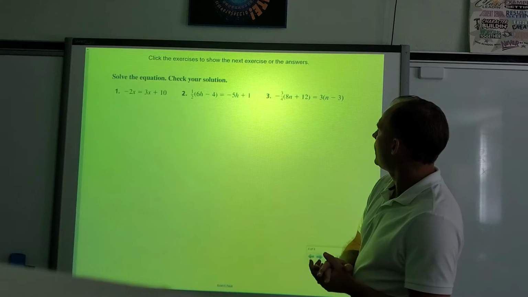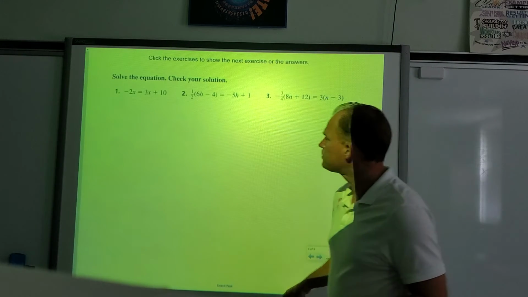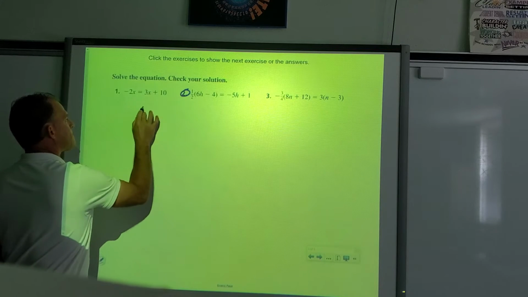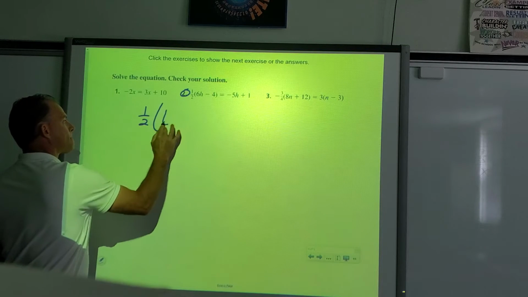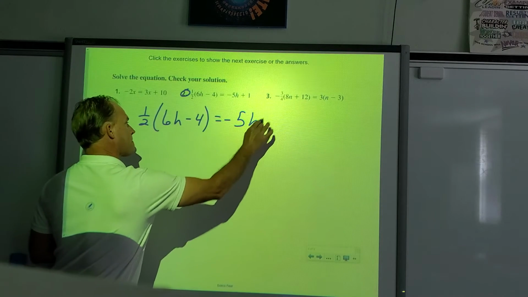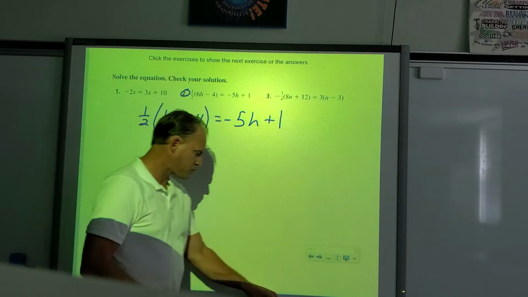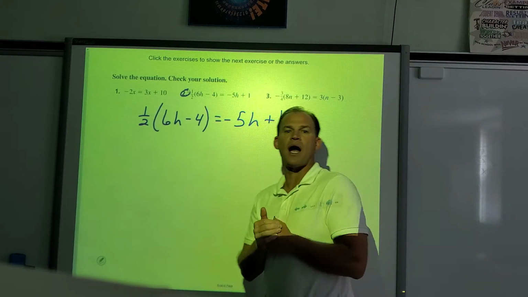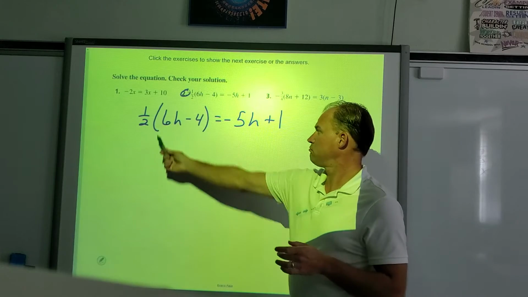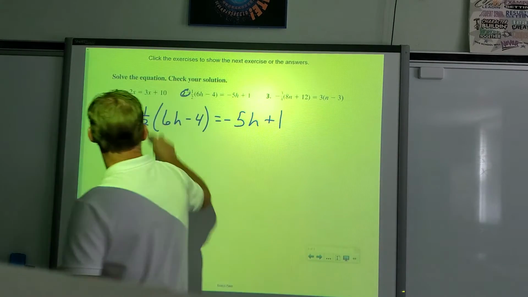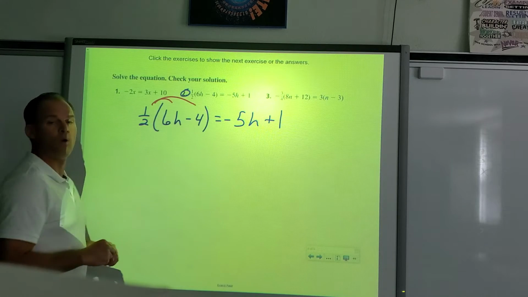All right. Let's do another one of these. I'm going to do number 2 here. So again, can I simplify one side of the equation? Sure can. I've got some distribution here. So I am thinking distribute by 1/2.